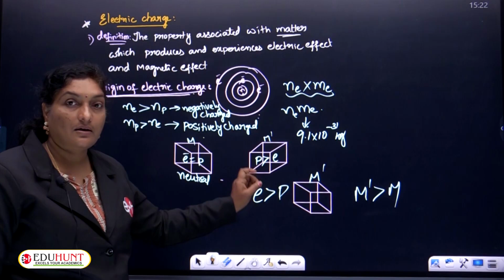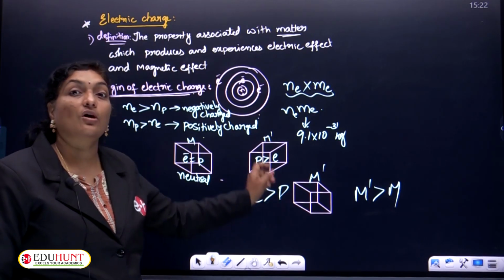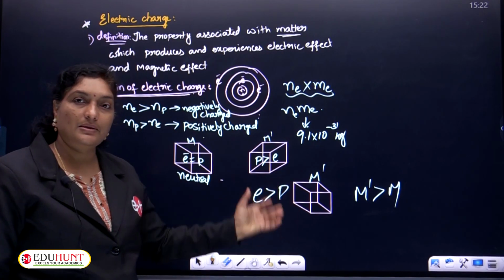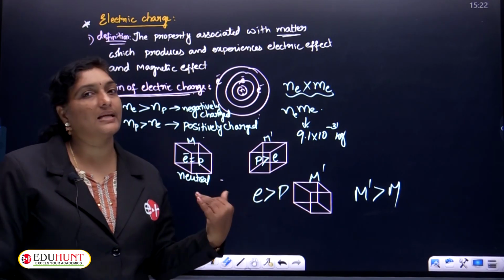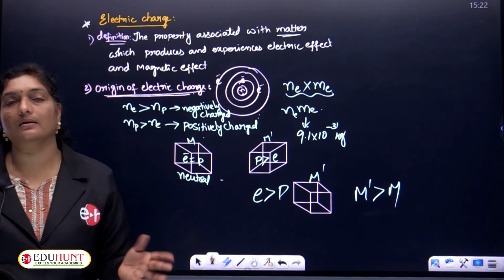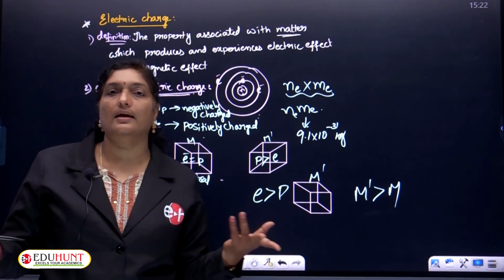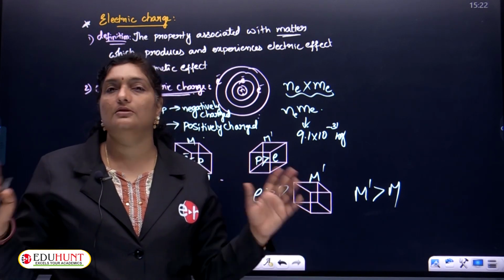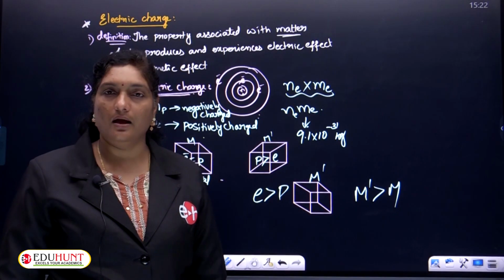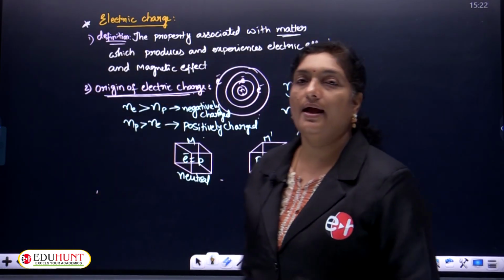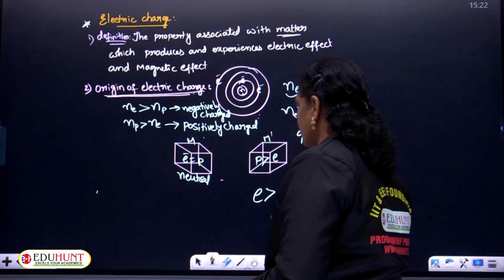And if it gains electrons, its mass slightly increases. And if even after rubbing there is no difference in the number of electrons and protons, there is no change in mass. So, mass directly depends upon the addition and subtraction of electrons.